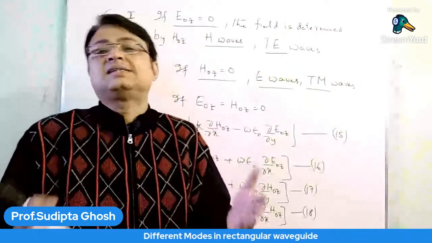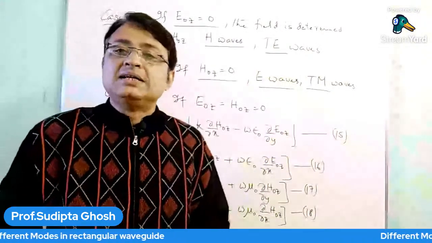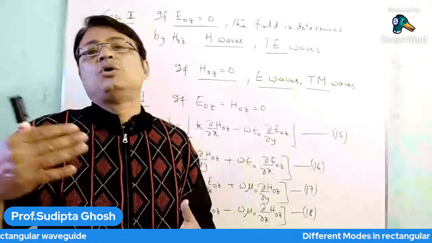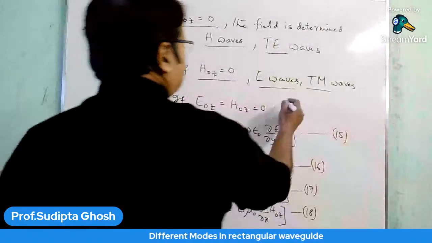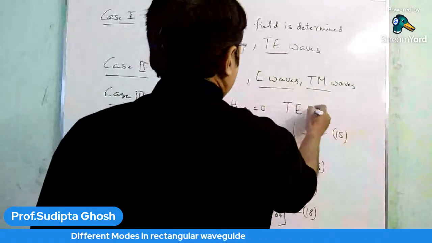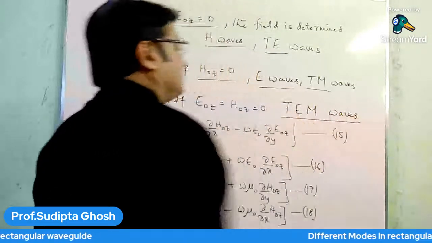So then this type of wave can be called a transverse electromagnetic wave, or TEM wave.